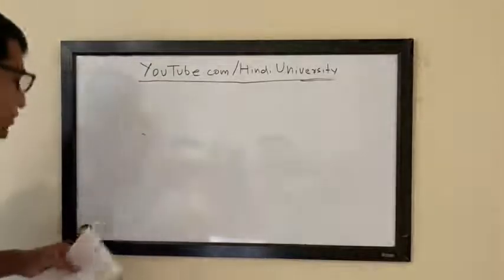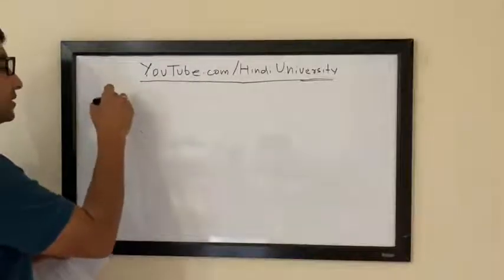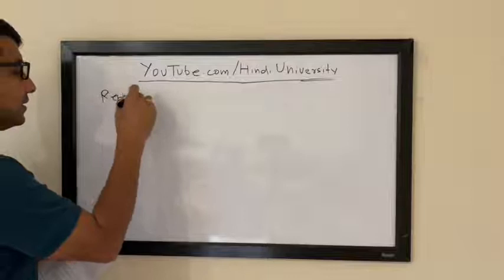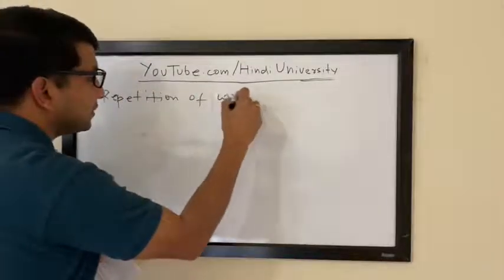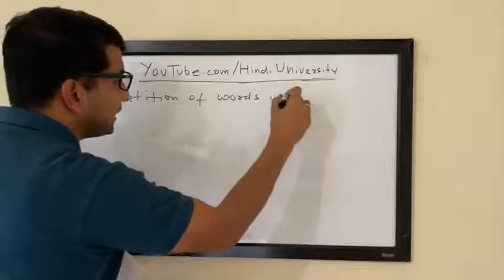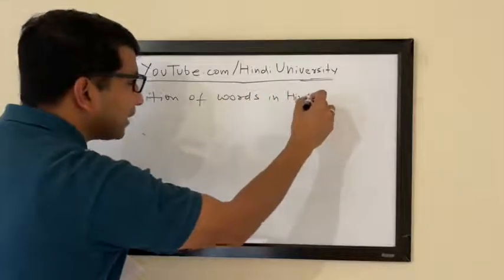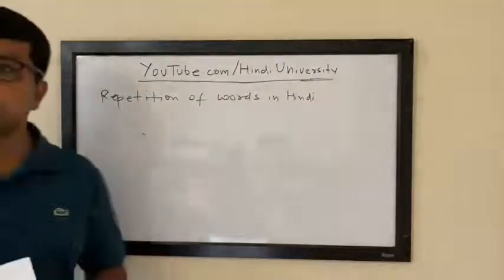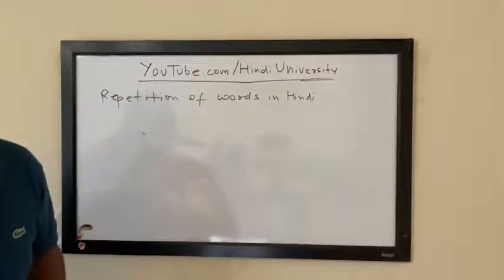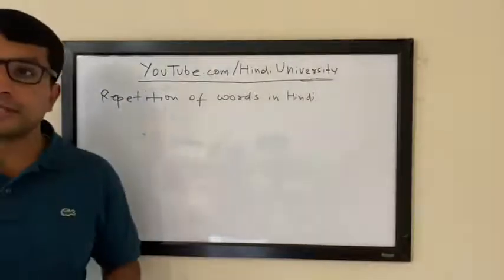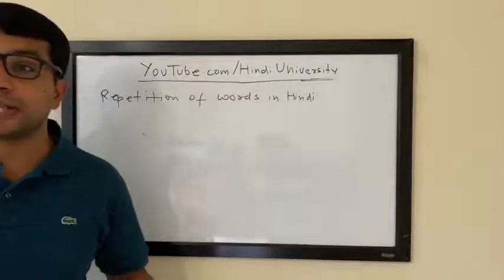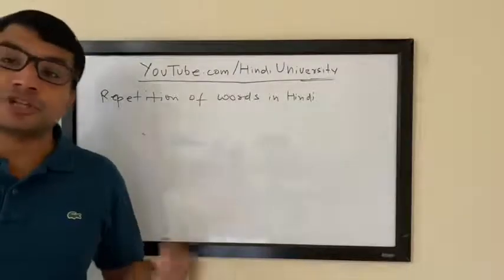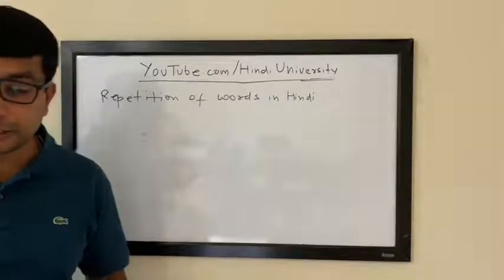I'm going to just write it down: repetition of words in Hindi. I'm sure you must have encountered, even while speaking yourself and when hearing native Hindi speakers, that they tend to use some words repetitively, like bar bar, jaldi jaldi, dheere dheere.